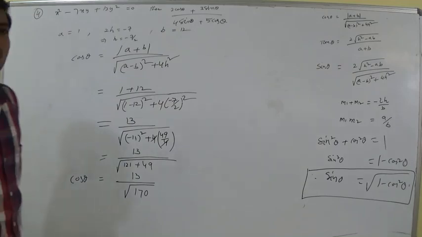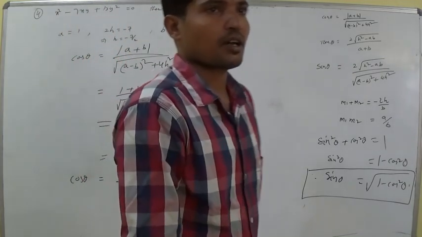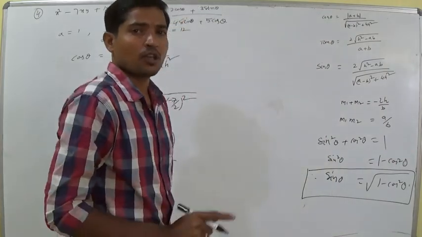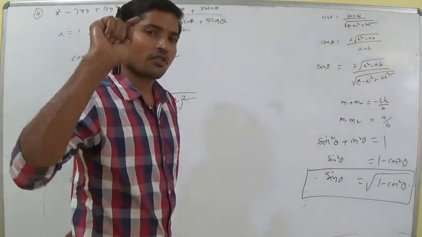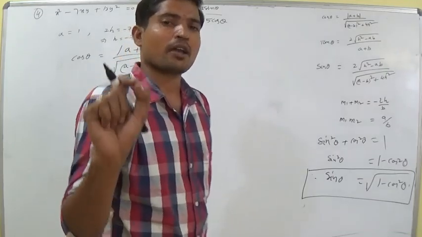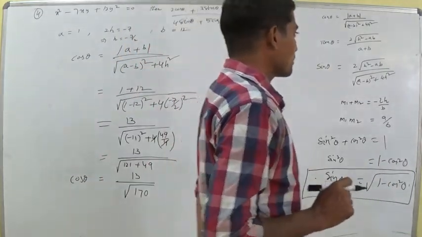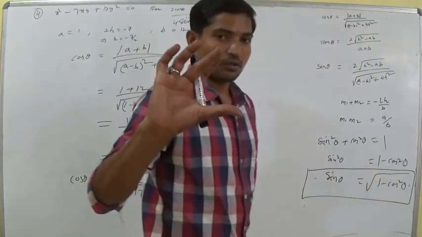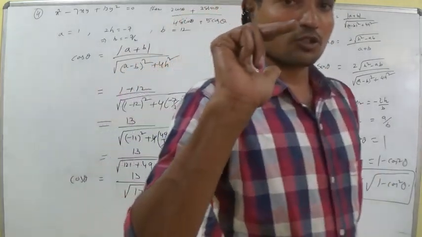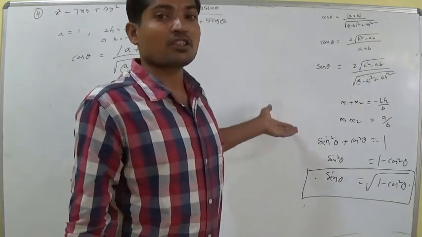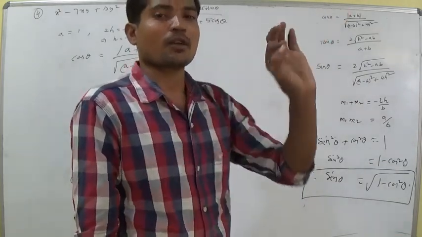Now I need to find the value of sin theta. Actually I have a formula for sin theta. Sin theta is equal to 2 into square root of h square minus ab by square root of a minus b whole square plus 4h square.